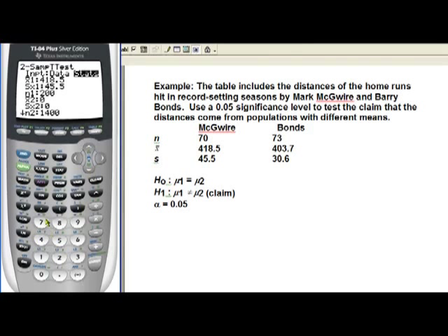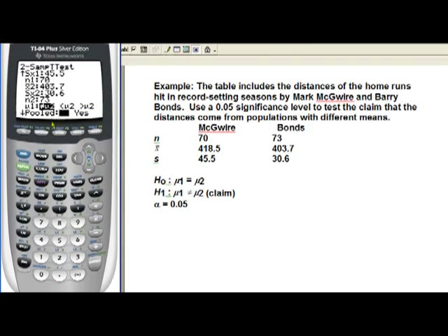N1 is simply 70. Then the mean of my second one is 403.7. And Sx2, that one is the standard deviation of 30.6. And we're talking about 73 data points. And if you are picking this line, you have to look at this one. So it's a two-tailed test, not equal to.